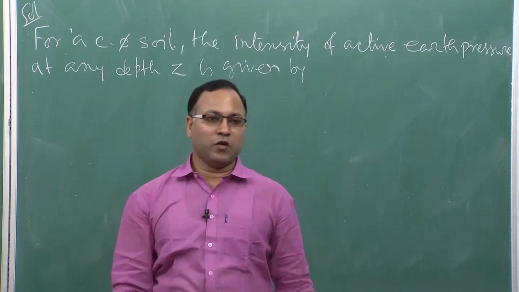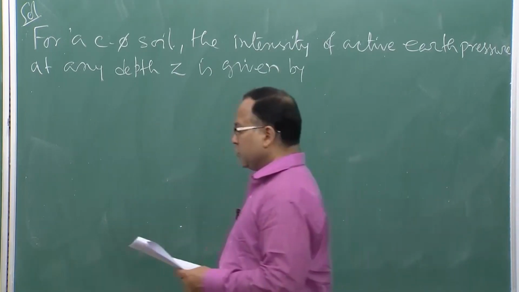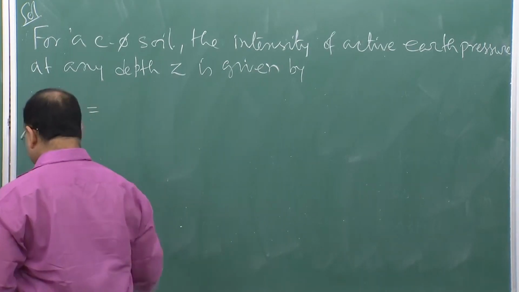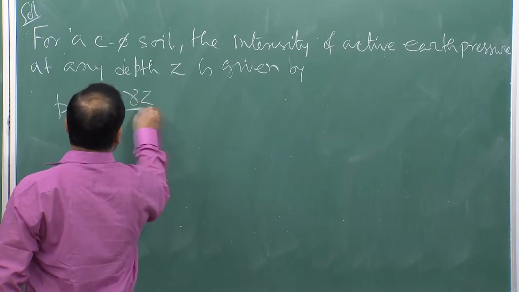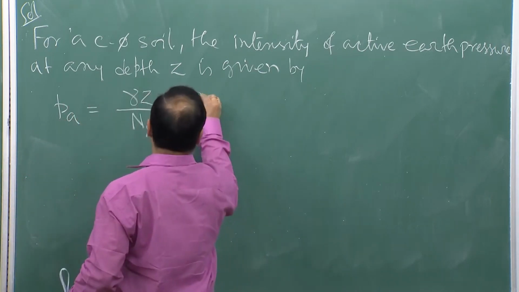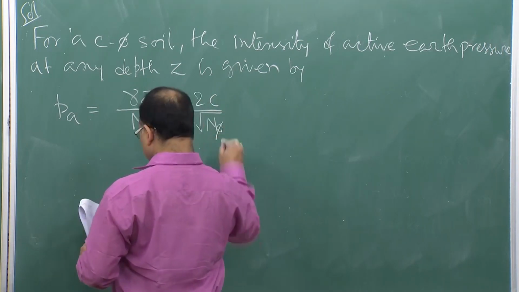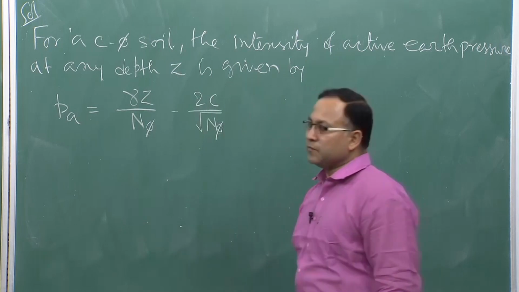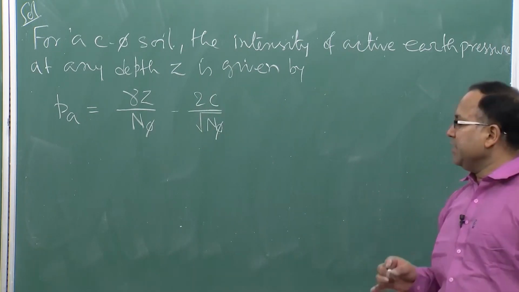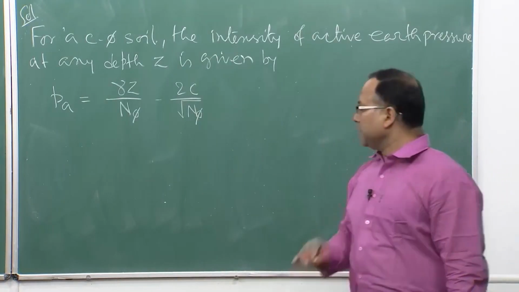You know that, right? Already we have discussed this in the lecture. So, that active earth pressure is Pa equal to gamma z by N phi minus 2c by root over N phi. This is the active earth pressure intensity at any depth z in C-phi soil, is it not?